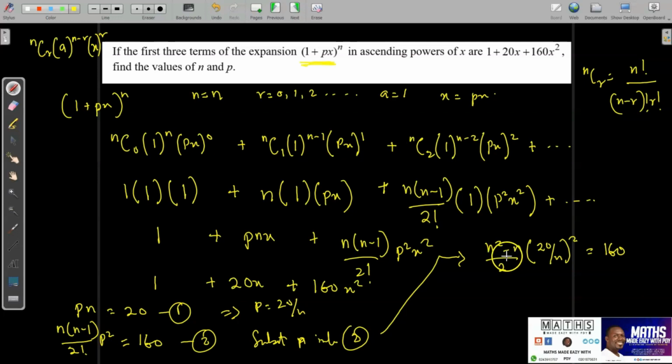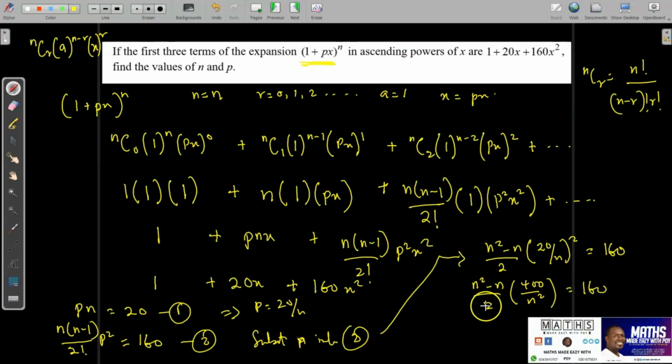Going further, that will give us n squared minus n over 2, multiplying 20 squared, which is 400, all over n squared. Then equal to 160. We're almost there.